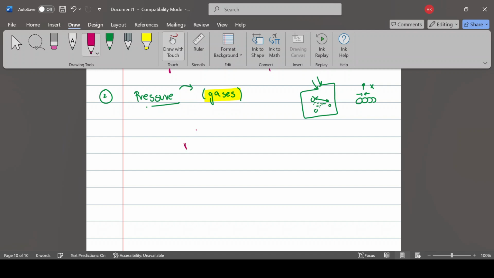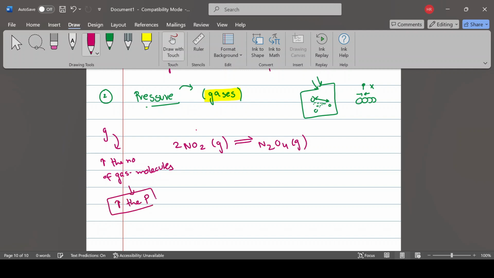Now let's take the same equation as we discussed earlier, 2NO2 gaseous, and we have N2O4 gaseous. You might remember from the properties of the states of matter that we discussed in the earlier chapter, that the higher the number of gaseous molecules is, the higher the pressure would be.